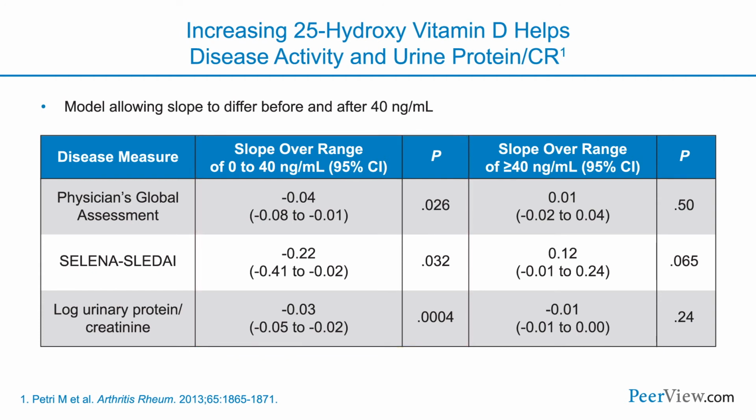We did not need to go any higher than 40. So the right-hand part of this slide shows that going over 40 did not actually achieve any more clinical benefit. So we can do this very safely, such as with 50,000 units once a week on Sunday. You will find that patients who are particularly obese may need their vitamin D replacement twice a week, for example, on Sunday and Wednesday.